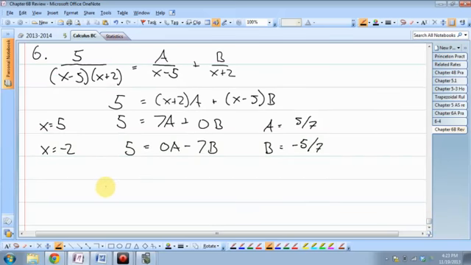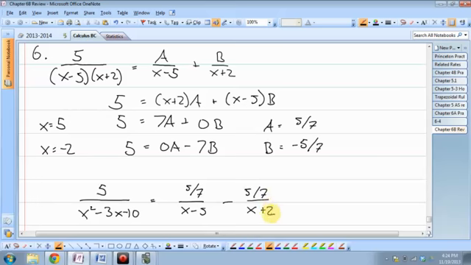So our partial fraction decomposition: 5 over x squared minus 3x minus 10 is equal to 5 sevenths over x minus 5 minus 5 sevenths over x plus 2. Remember, this is the only time I'm going to say it's okay to leave that compound fraction. That's part A.